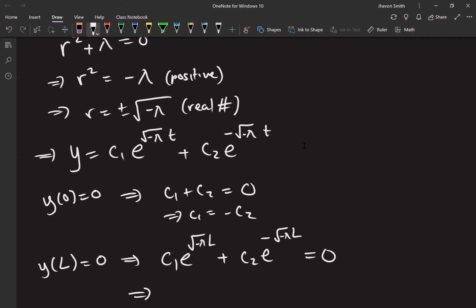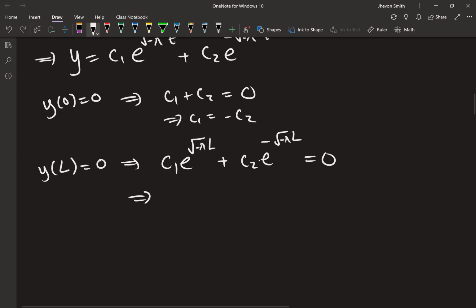And on top of that, I am going to plug in C2 equals negative C1. So this means you get C1 times e to the minus, right? So this guy I can think of as minus C1. And so I can factor out a common term C1, and I would get this guy.